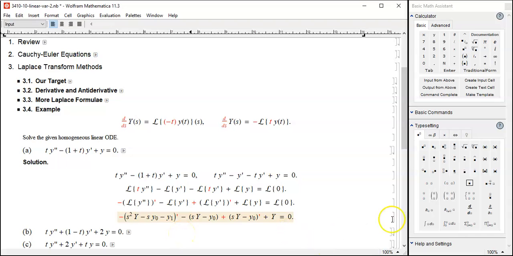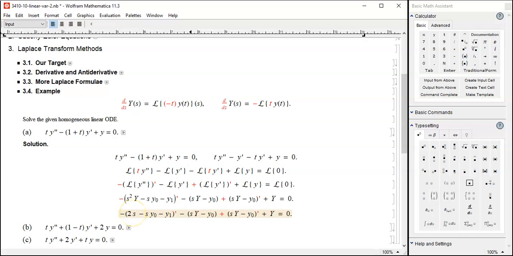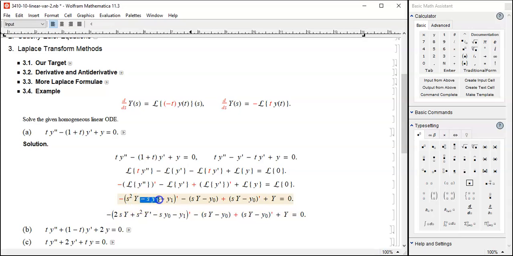Okay, all right, we're there. And let's finish this computation. So, all right, and let's take the derivative of this s squared Y. By product rule, we have 2sY plus s squared Y prime. Are you with me here? Product rule. And then derivative of this, s just drops out, and the derivative of this part is constant, so it goes away.